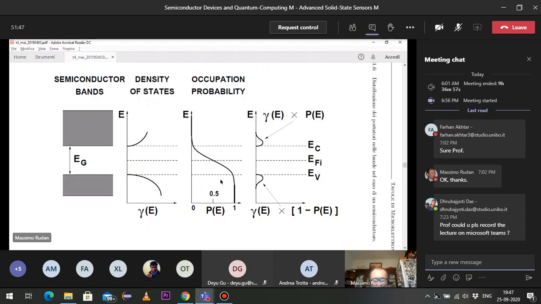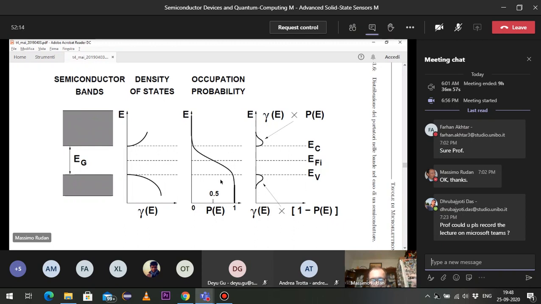If that happens, you have one electron, just one, in the conduction band and one hole in the valence band, because the transition of this electron has left behind a hole in the valence band. So you have one up and one down. When a second electron makes a transition, you have 2 and 2.